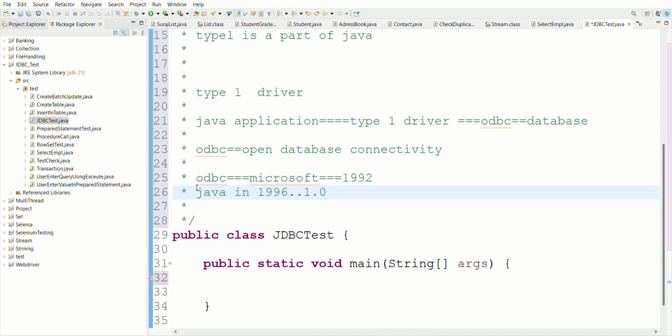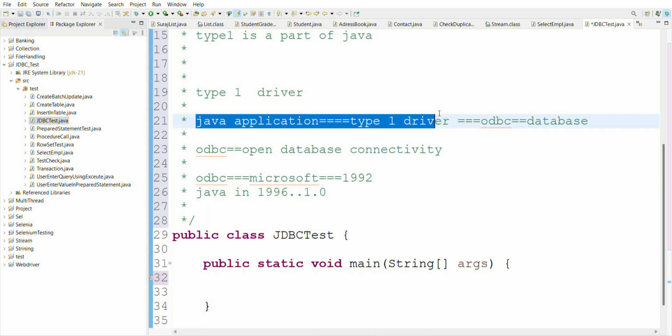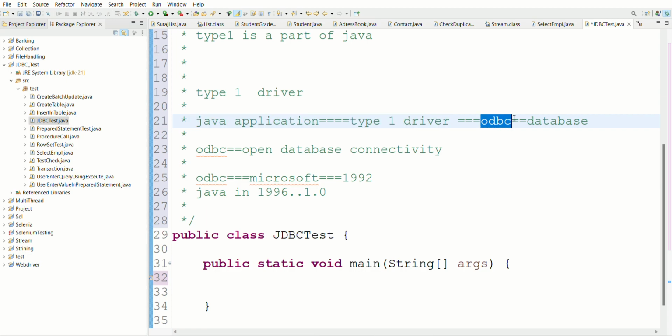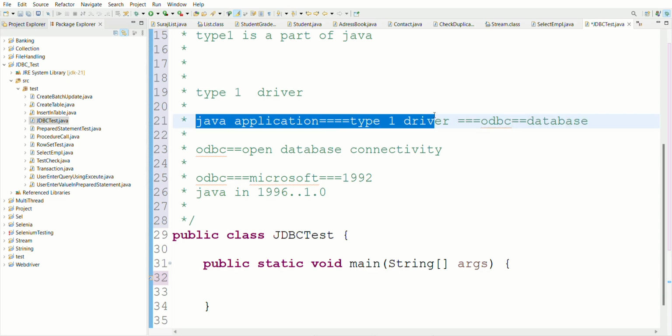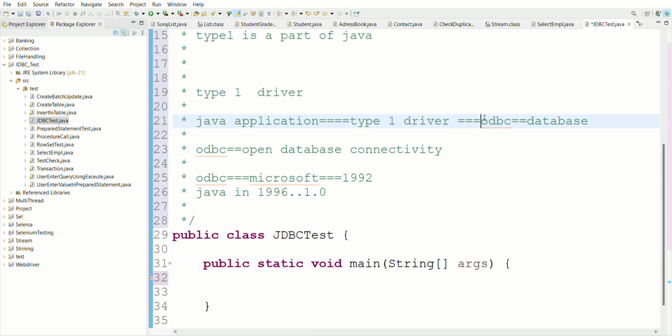So the Java application uses the type 1 driver, and the type 1 driver uses ODBC to connect with the database. At first, the Java application request travels to the type 1 driver, and the request received by the type 1 driver is transferred to ODBC.